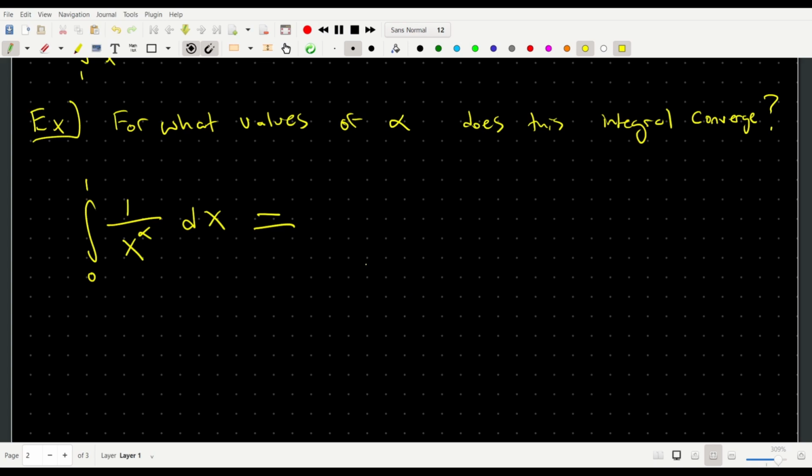It's type 2 subtype 1 because the function 1 over x to the alpha is not defined at x equals 0. So this is the limit as c goes to 0 from the right of the integral from c to 1 of 1 over x to the alpha dx.